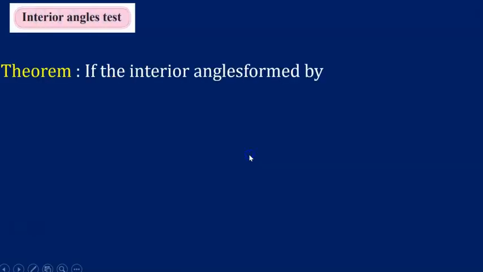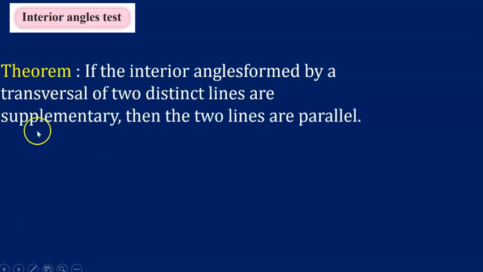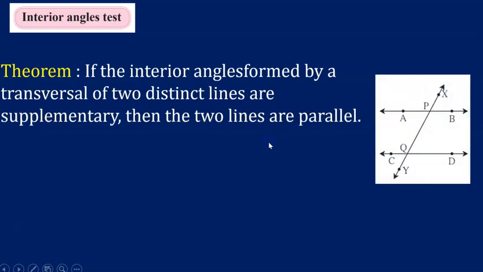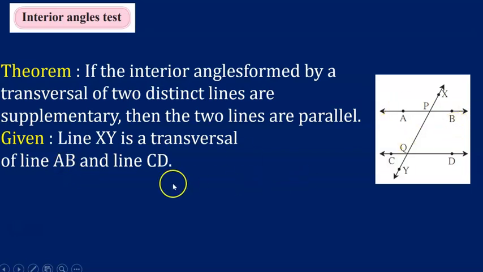Now, interior angles test. If the interior angles formed by a transversal of two distinct lines are supplementary, then the two lines are parallel. Okay. Now, see this figure. Line XY is a transversal of line AB and line CD.